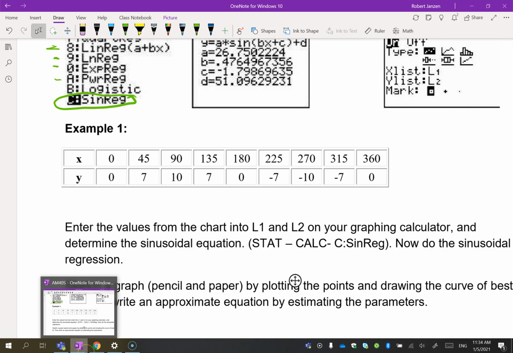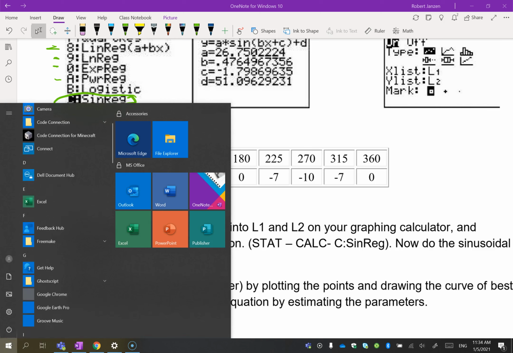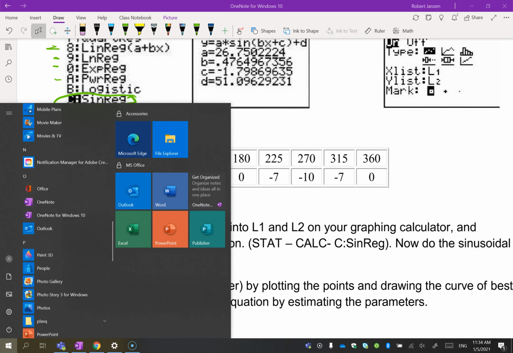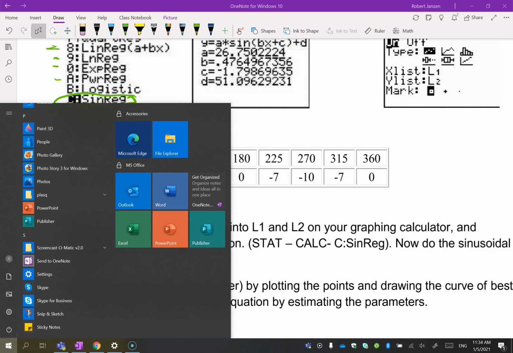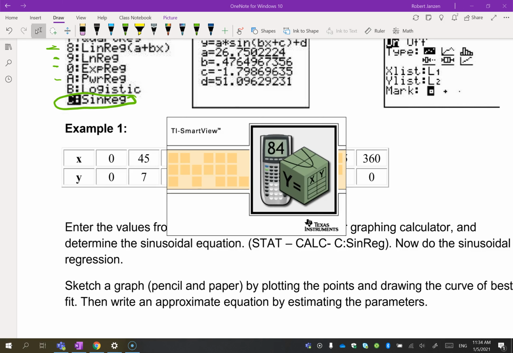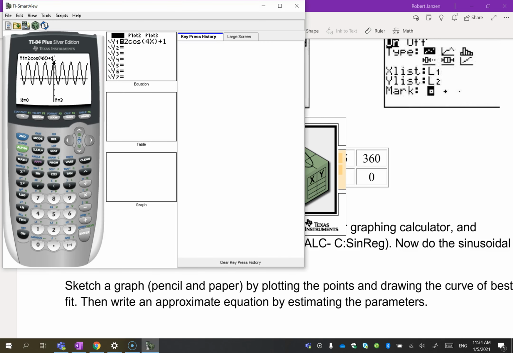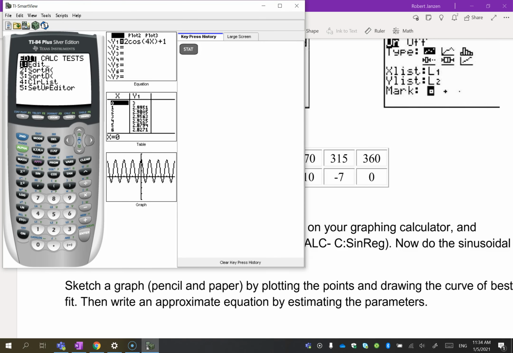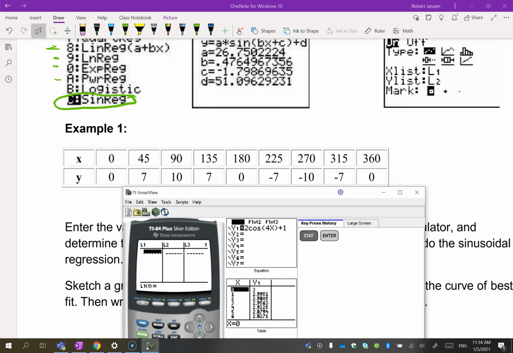So let's get my calculator out. You can pause the video if you want and do this yourself. Okay, so I'm going to go to Stat, Edit, and I'm lucky it's blank right now.